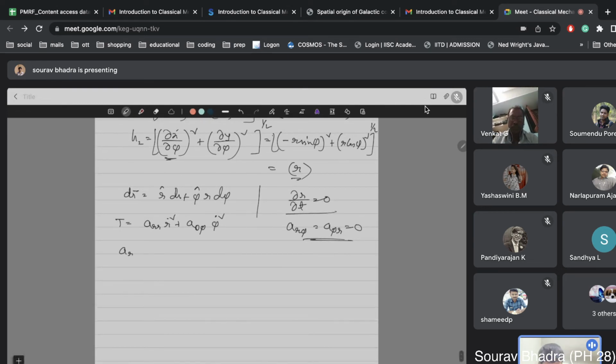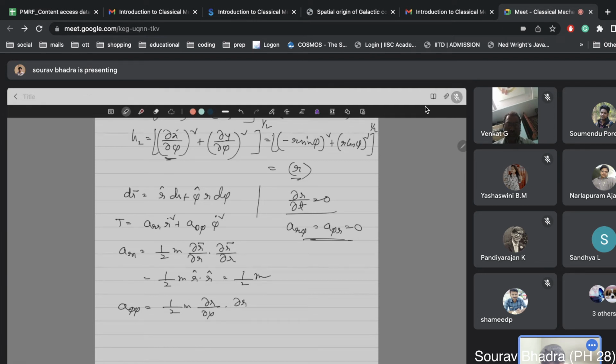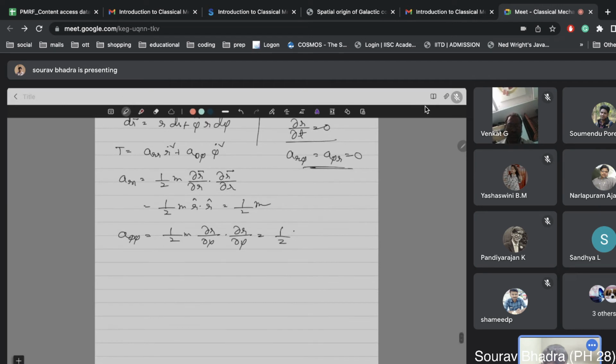Now a_rr is actually half m del r by del r dot del r by del r. So if you do it, you will get r cap dot r cap, that is half m, and a_phi-phi will give you half m phi cap r dot phi cap r, that's why it will give you half m r square.